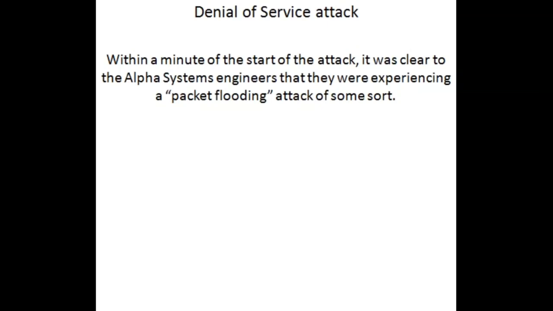Alpha System was the victim of a denial of service attack, more commonly referred to as a DoS. The engineers knew they had to do something quickly to stop the attacks and get the web server back up and accessible for their customers, but no one really knew what to do as this had never happened to the system before.